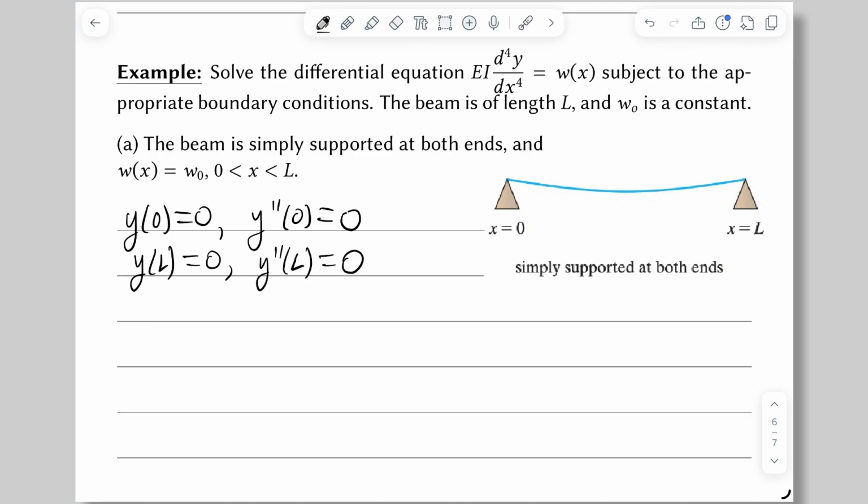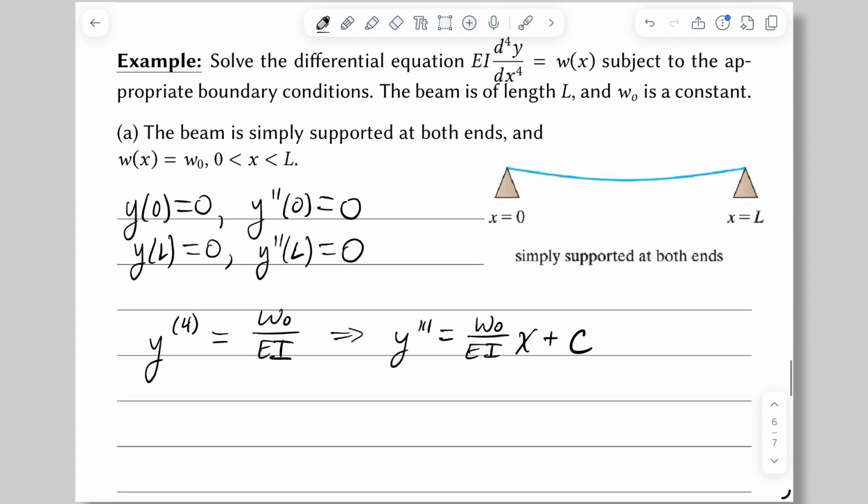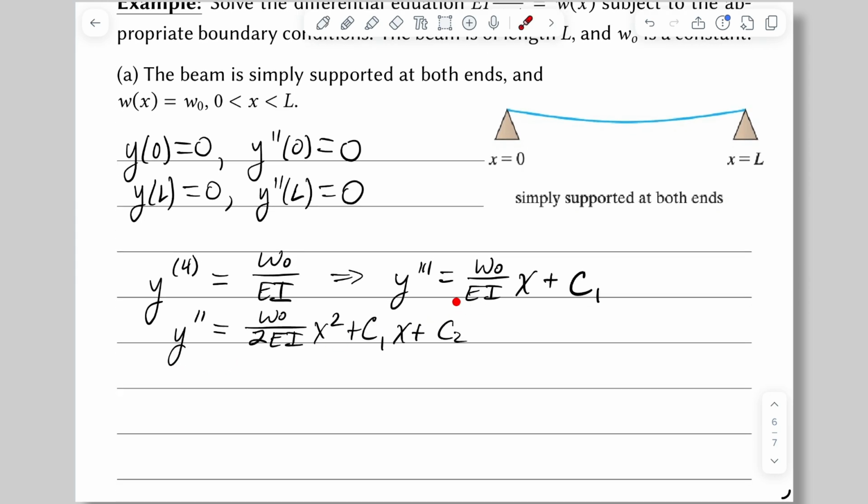I've got good news. The differential equation we're solving is actually the fourth derivative of y equals W naught over EI, a constant. So the third derivative of y is equal to W naught over EI x plus a constant of integration. For the second derivative, we just anti-differentiate that, and we end up with W naught over 2EI x squared plus, I relabeled the constant as C1 because we needed a few to keep track of.